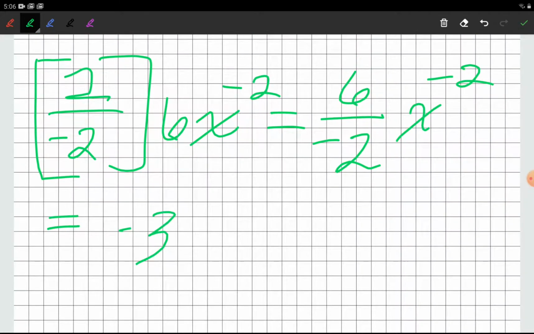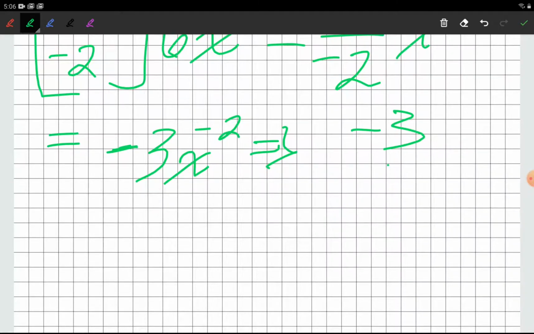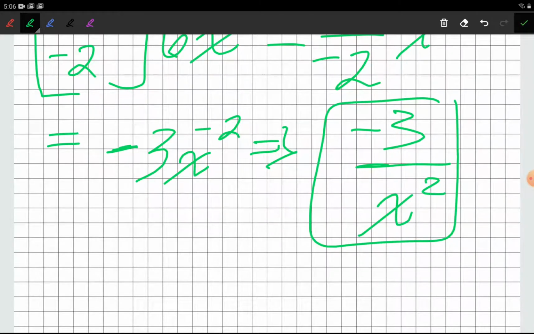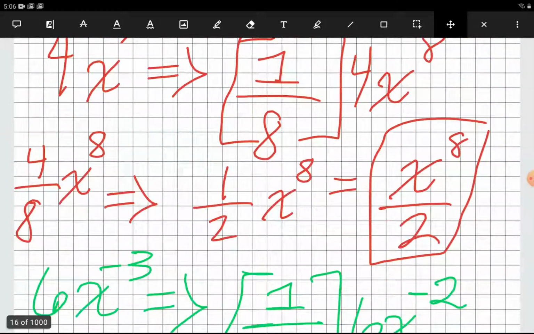So that's negative 3, x to the negative 2. But keep the exponents positive. All right, that's part 2. It's part 3.